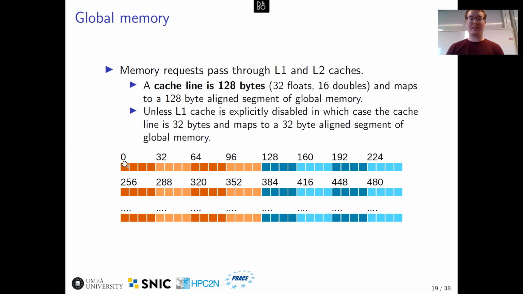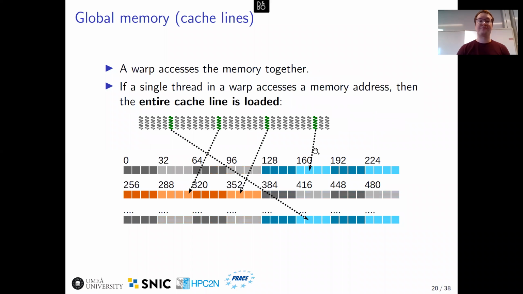In this illustration, you can see memory addresses running from 0 all the way to 127, and this is going to be one 128-byte cache line. Then from 128 all the way to 255, we have the second cache line, and so on. The key thing is that all the threads that belong to a warp execute instructions together, and they therefore access the memory together.